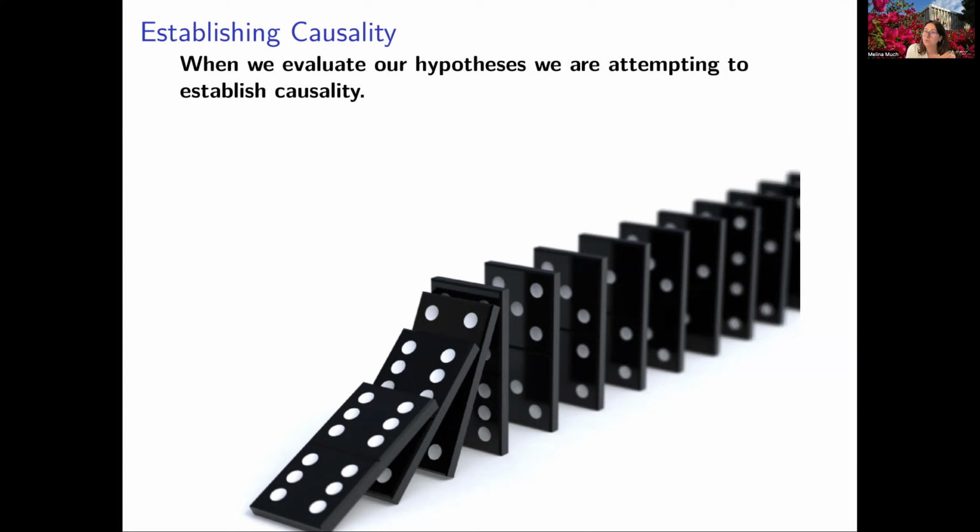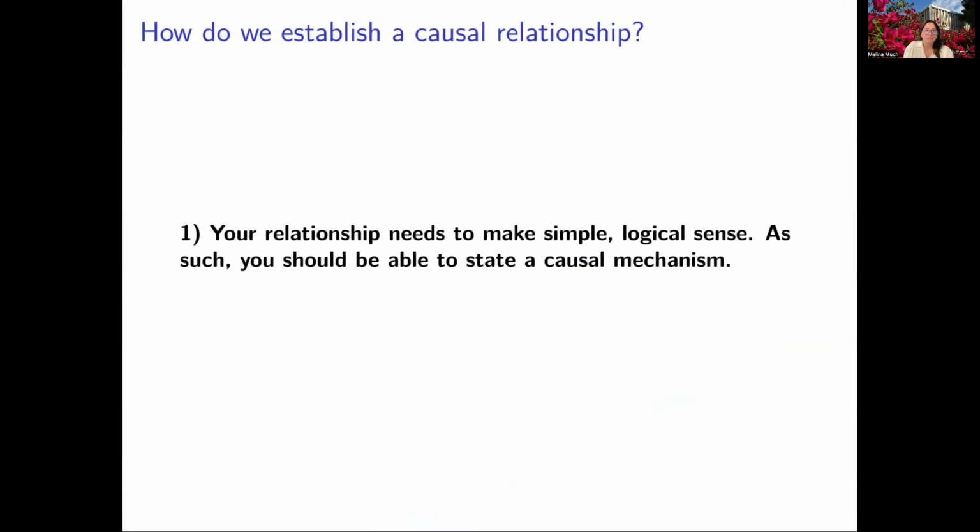This is a causal relationship. We also need to understand the logic behind why that first domino falling causes the others to fall. That logic and that understanding is the causal mechanism. We'll talk about that in more detail in a second, but the causal mechanism in this case is force, right? Force being placed on that first domino.